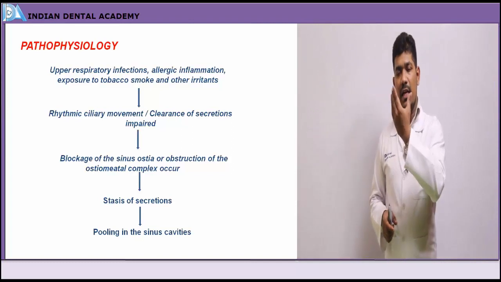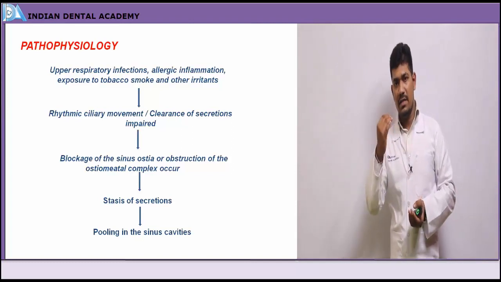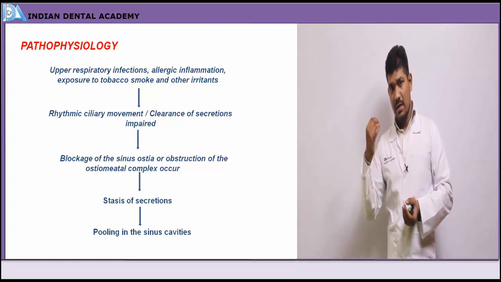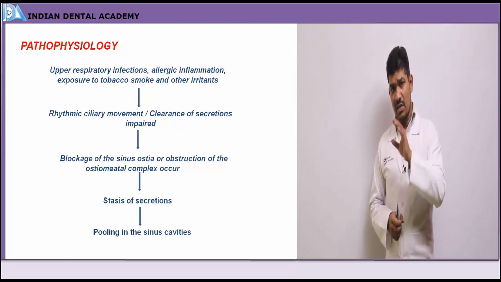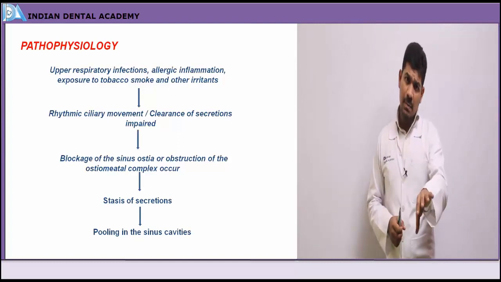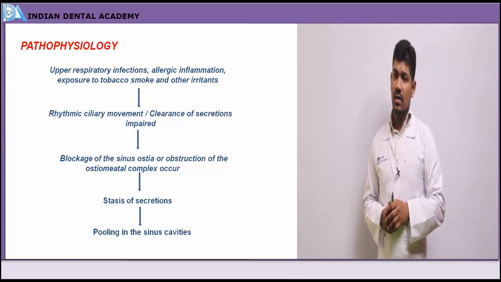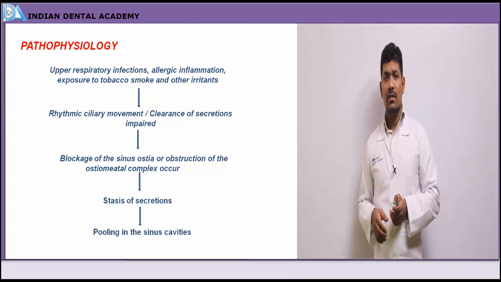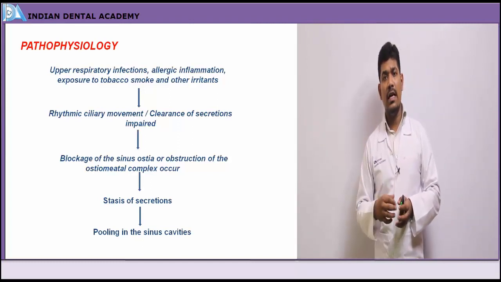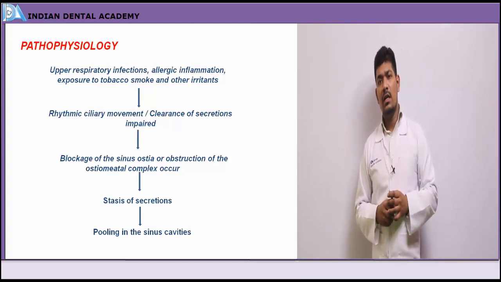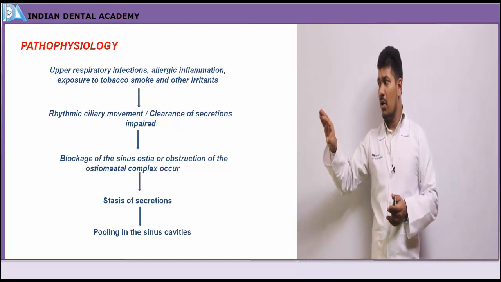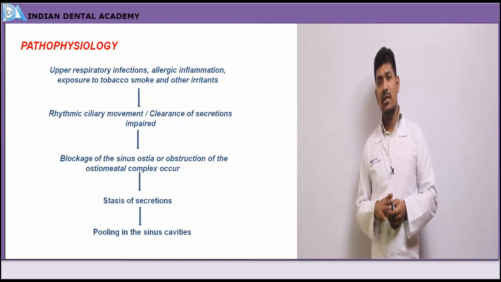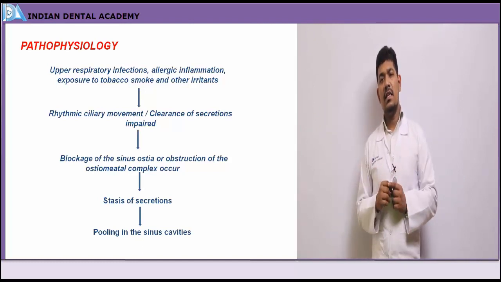Now, we all know that the tract is lined by ciliary projections and secretions which keep these irritants or any foreign elements from going into the respiratory system. Because of these upper respiratory infections, there is a disturbance in the ciliary movements.